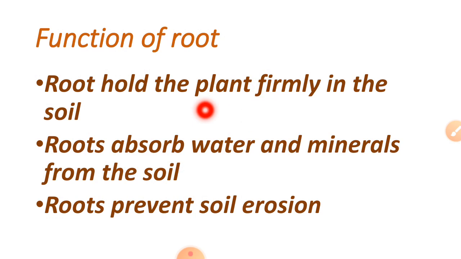In other words, roots anchor the plant to the soil. Roots help the plant remain standing even in a strong wind. When a strong wind comes, the roots hold the soil and the plant does not drop out.